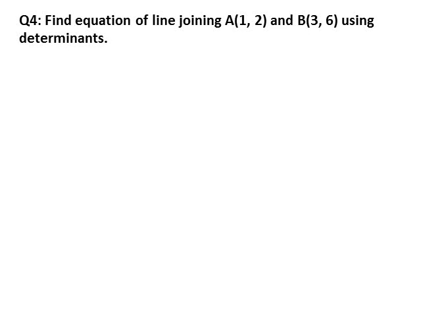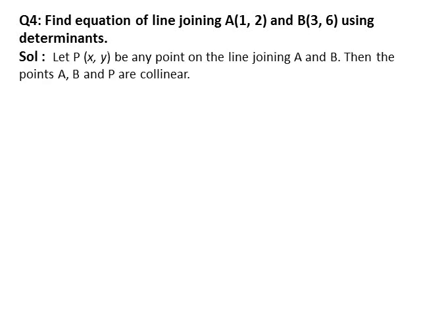In this question, using determinants, we have to find the equation of a line joining the points A and B. Let's assume P with the coordinates x and y be any point on the line joining A and B. As P, A and B all lie on the same line, these points are collinear, so the area of triangle ABP must be 0.